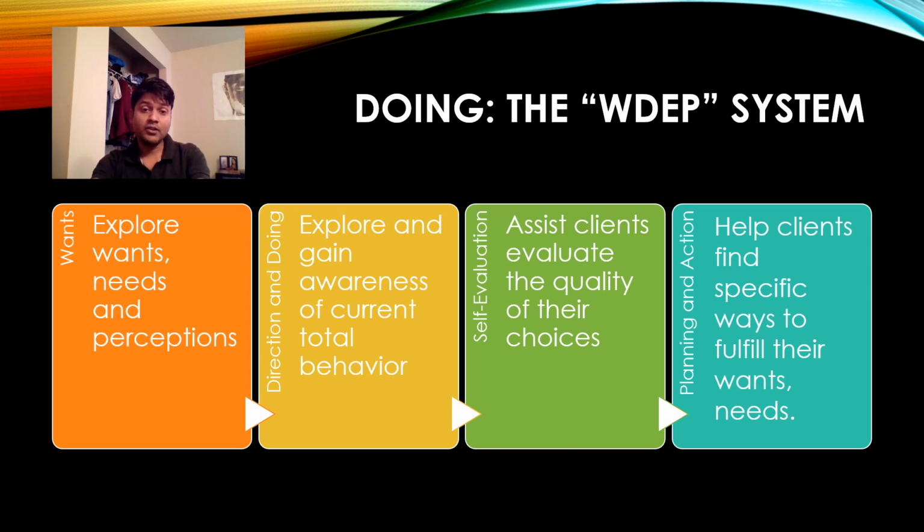And if they are not, then they sit and explore new ways of total behavior that could help the client meet those needs. So that happens in the fourth step of planning and action. The counselor helps the client find specific ways to meet the needs of their quality world as well as their basic needs.